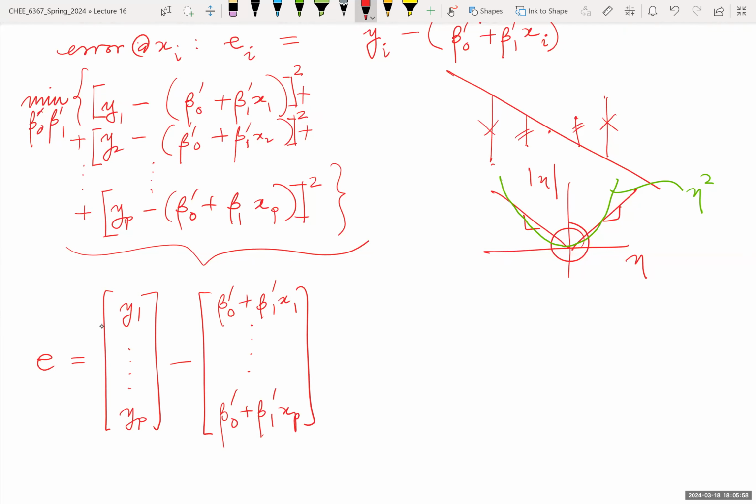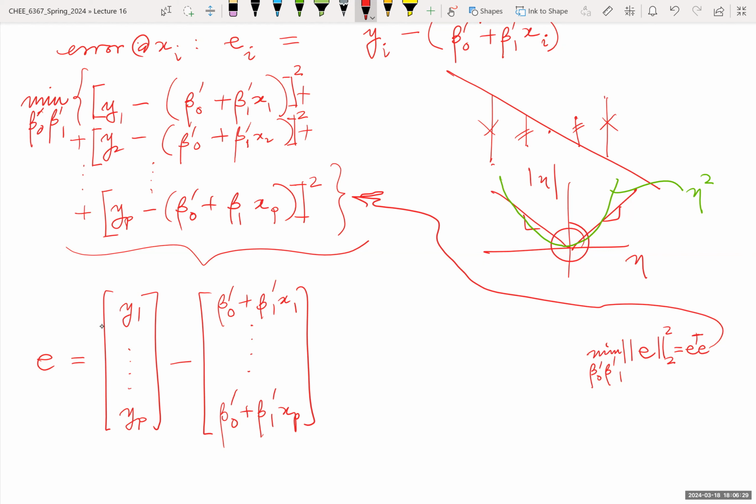That's how I define the error vector. And the norm of the error vector squared, which is defined as E transpose E, is actually this sum of the squares. So essentially, I'm trying to minimize this by selecting beta prime 0, beta prime 1.